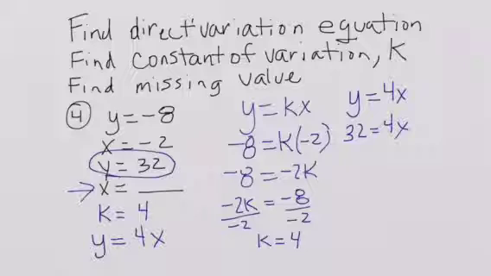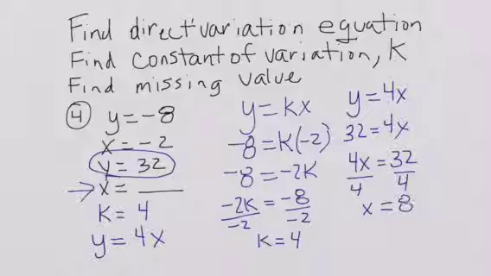Is the variable on the left? It's not. So we're going to do symmetrical. 4x is equal to 32. What math operation is it? Multiplication. How do I solve it? Division. Divide both sides by 4. And x is equal to 8 when y is 32.